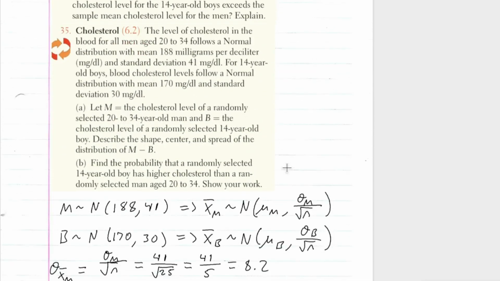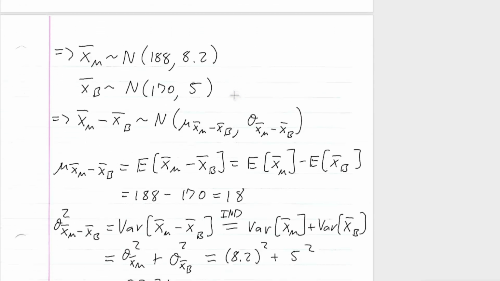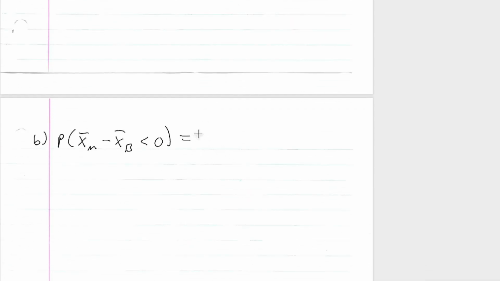Let's do part B. Find the probability of getting a difference in sample means, x bar m minus x bar b, that's less than 0 milligrams per deciliter. So we want to find the probability that x bar m minus x bar b is less than 0. We know it is approximately normal, so we can standardize this.